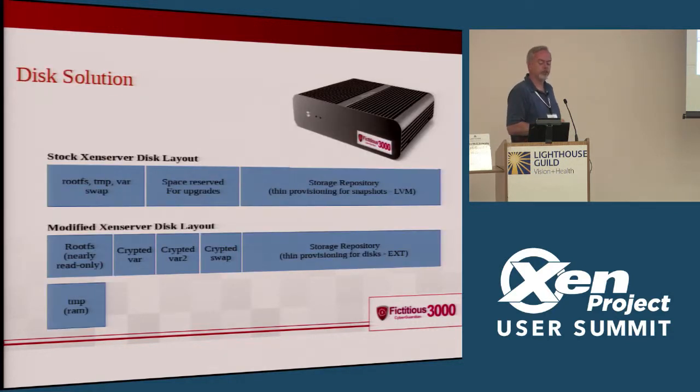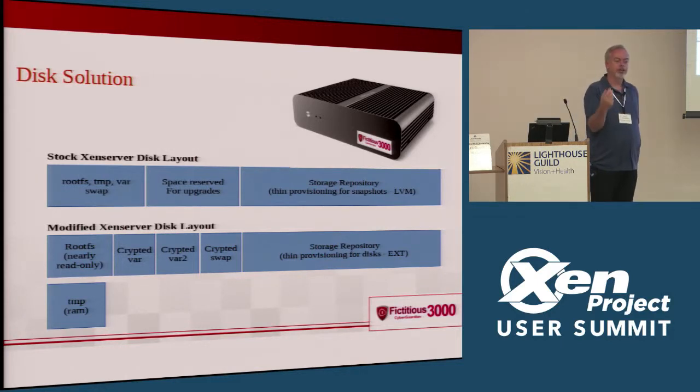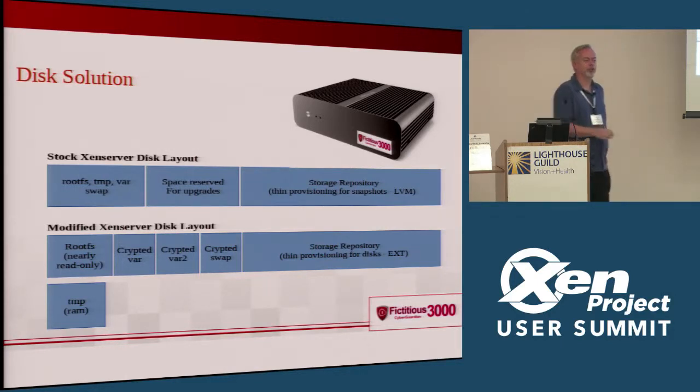So the disk solution is kind of interesting. The stock Xenserver disk layout looks like the bar above. We have root file system, TMP, var, and swap all in one partition. The swap really bothered me because we're swapping into the disk where the rest of the operating system was. You go up and you push that button, and we're swapping in there, and it's going into the same partition into a swap file.